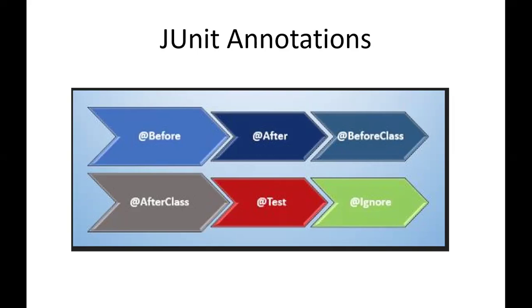Next one is @Ignore. It disables the test method or test class, preventing it from being executed. At one point of time, we think this test method is not valid, no more it is needed. Then we can disable it using @Ignore.